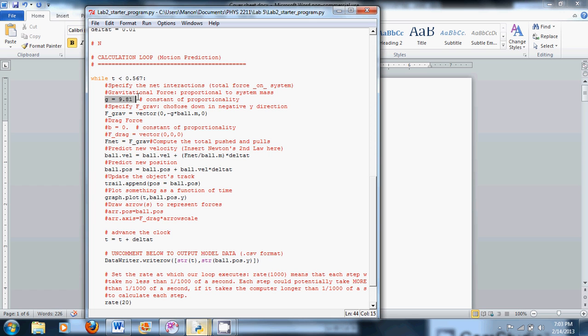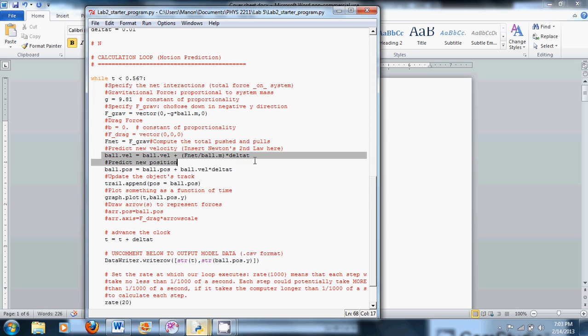So here gravity obviously is 9.81. The gravity vector here is negative gravity times the mass of the ball. And then the net force is obviously only gravity.